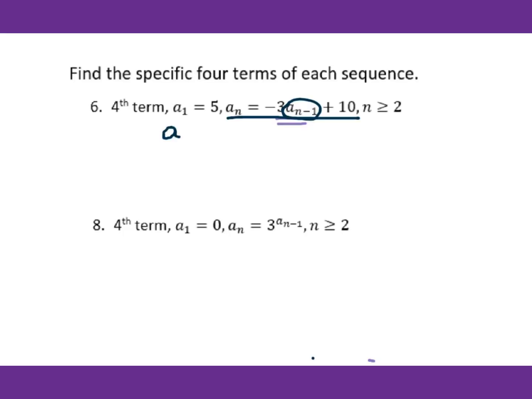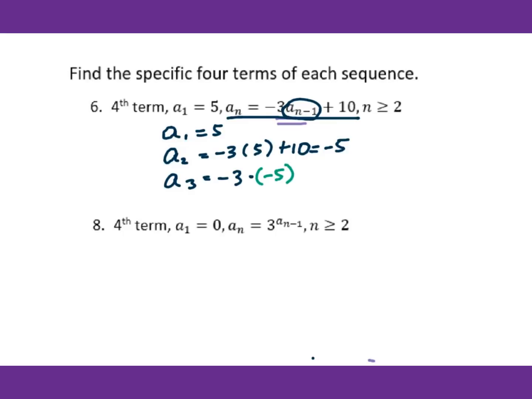Therefore, you have a sub 1 equals 5. A sub 2 equals negative 3 times the previous term, that's 5, then plus 10. You will get negative 5. Then a sub 3 equals negative 3 times the previous term, that will be negative 5, then plus 10.